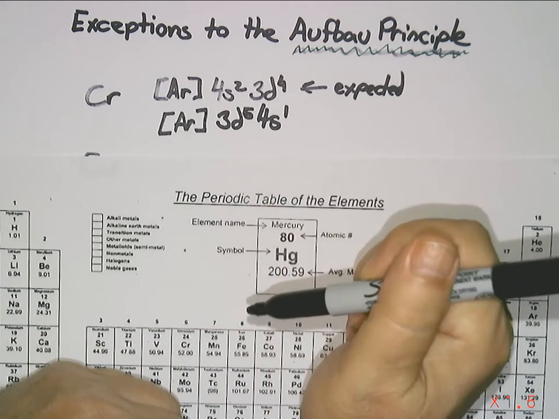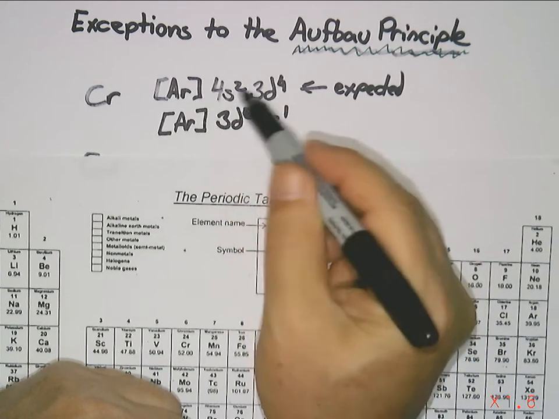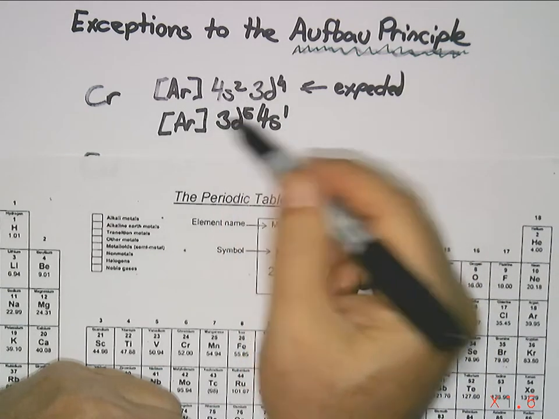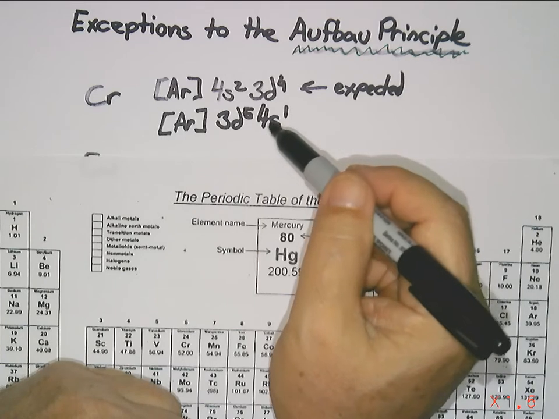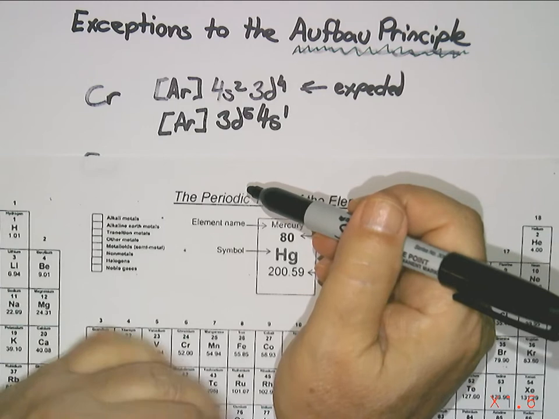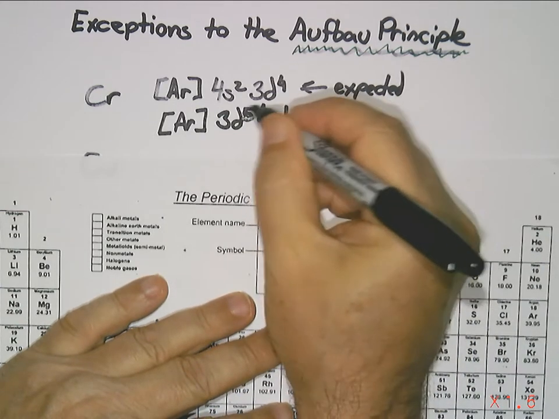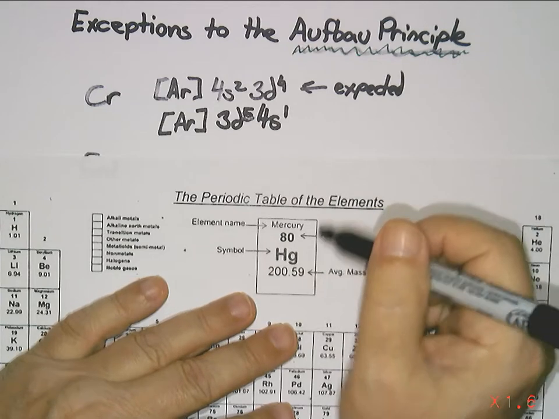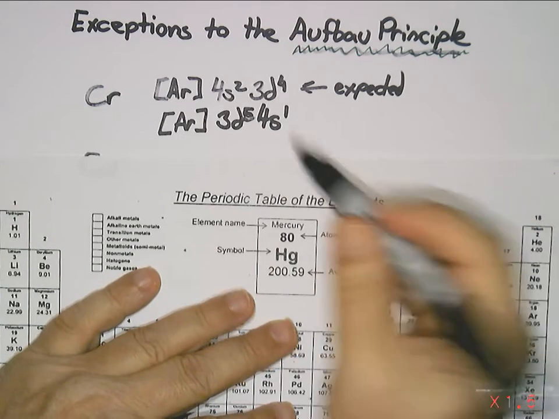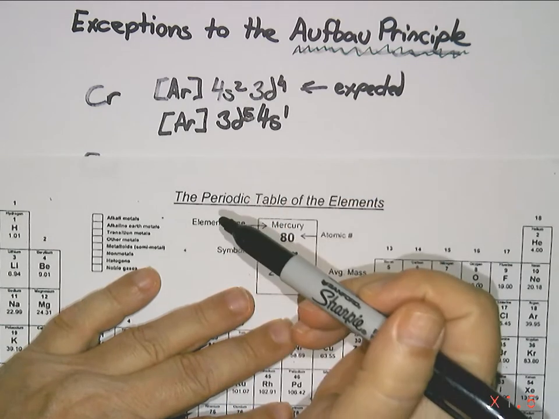It actually does slip into shell order after you fill it. So this configuration actually reflects the energy level ordering that you see, and that's a 5 there: 3d5, 4s1. Why did this happen? Obviously what happened was that an electron dropped out of the s into the d.